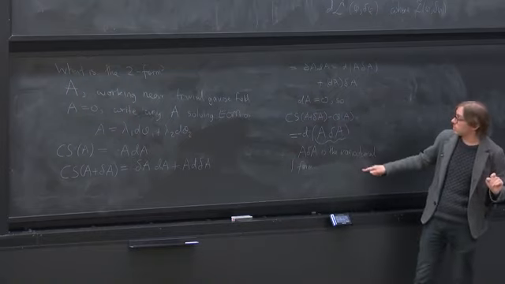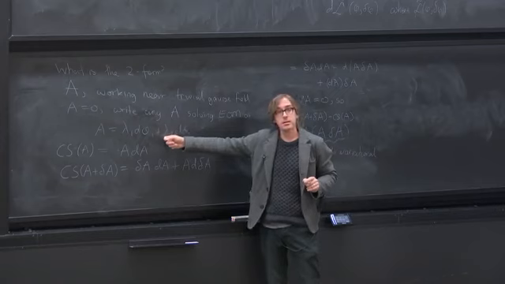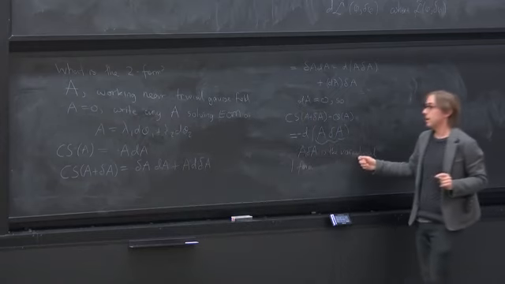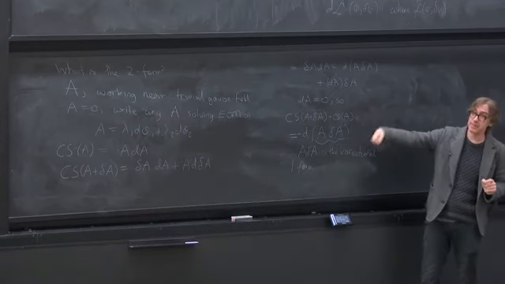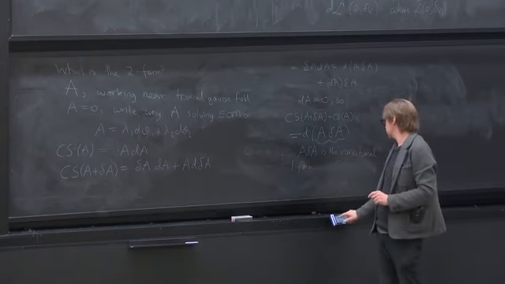So now, all we have to do is write A like this and describe it in terms of the variations of the lambdas, and it will be very easy.